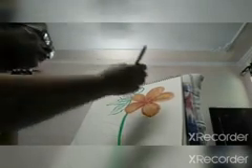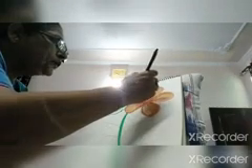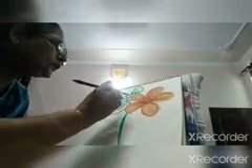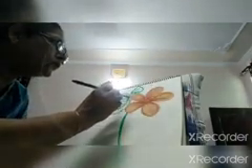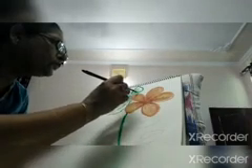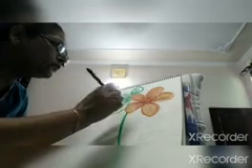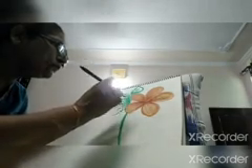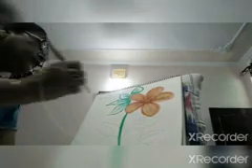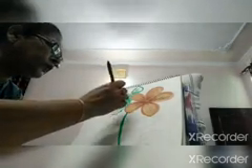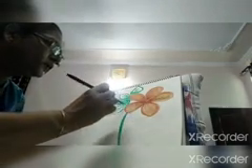For the dark tone, we will get dark green color from inside of each leaf. From one side we will give dark shades.